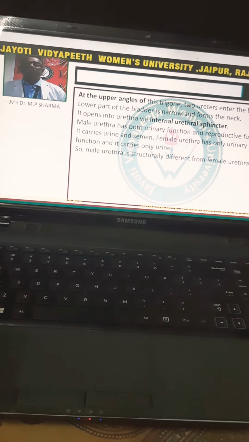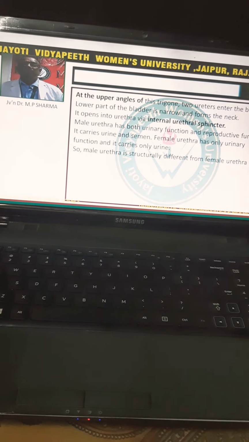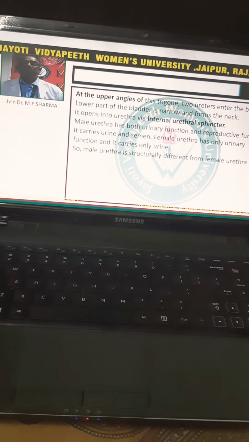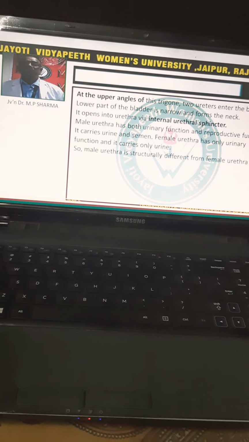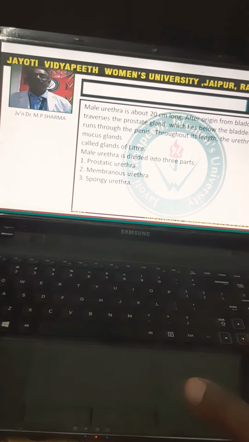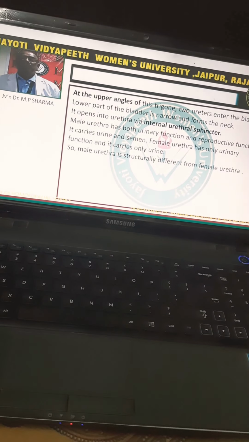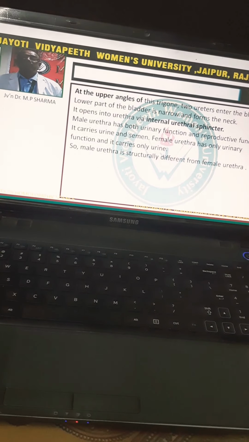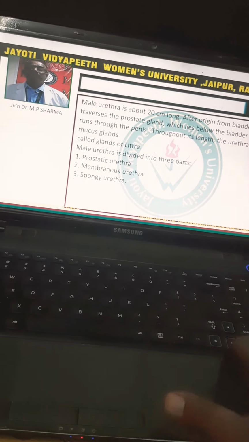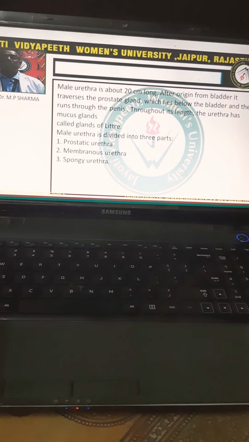Male urethra has both urinary functions and reproductive functions. It carries urine and semen. Female urethra has only urinary function and carries only urine. So male urethra is structurally different from the female urethra. Male urethra is about 20 cm long.